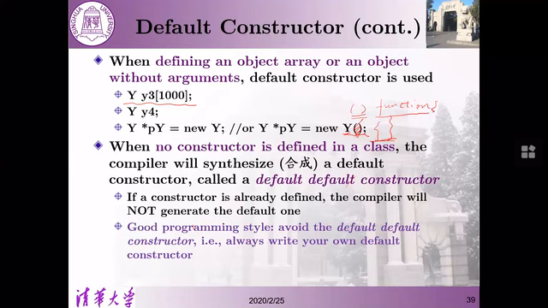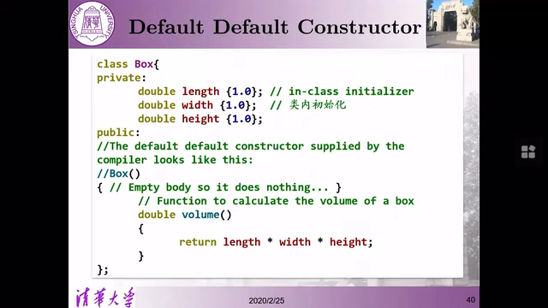Otherwise, there may be some tricky bugs or pitfalls, difficult to find. Okay. Then here is an example of a default constructor. You can see here. Actually, this is another grammar. It's the in-class initializer.